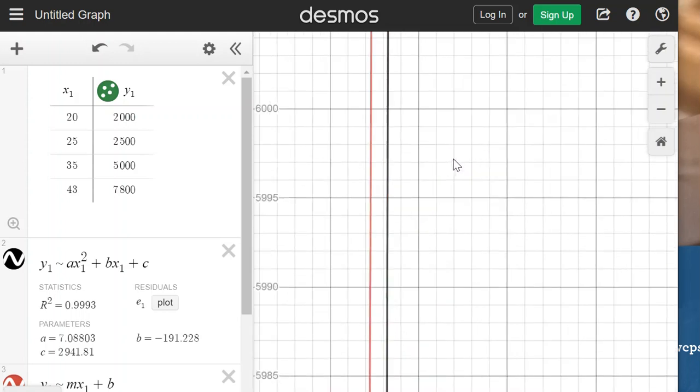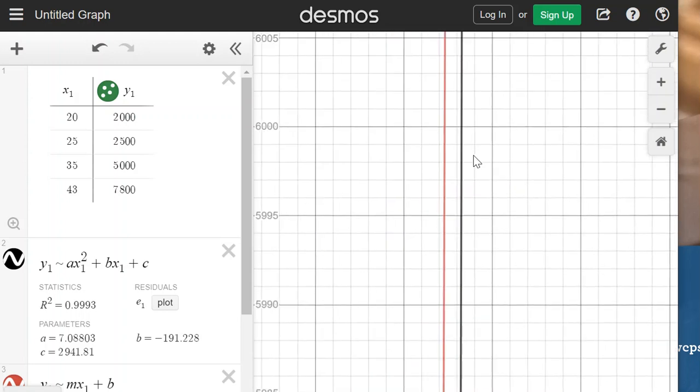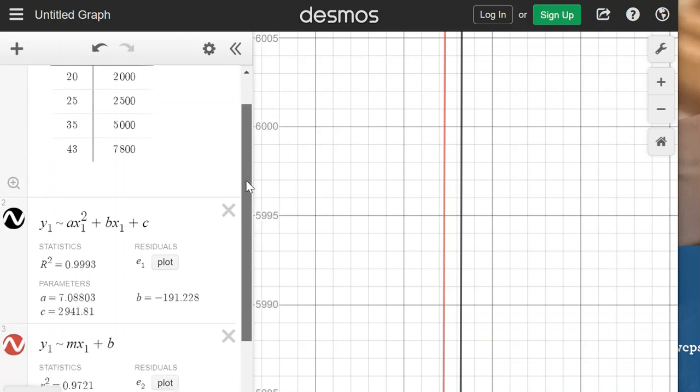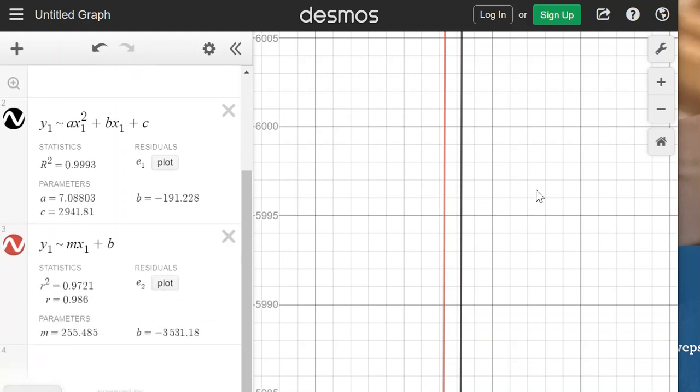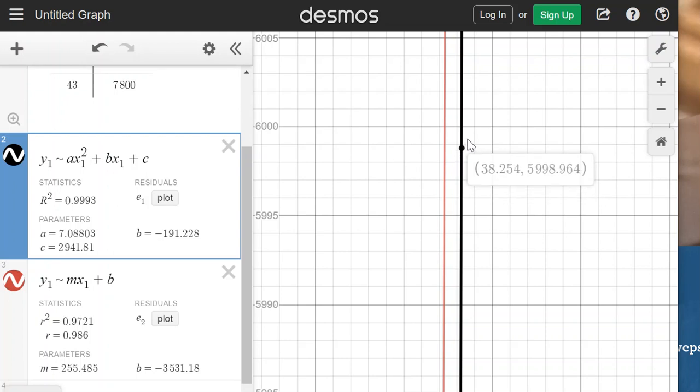Look at that. That is how close they were together. If I ever get lost, I can pull this up and realize that the black line is the quadratic and the red line is the linear. So I'm looking at the black line and saying, what happens when y reaches 6,000? 6,000.017. I don't think I'm going to get much better than that. That's like 0.3 away, and that's 0.01 away. That's as good as it gets.